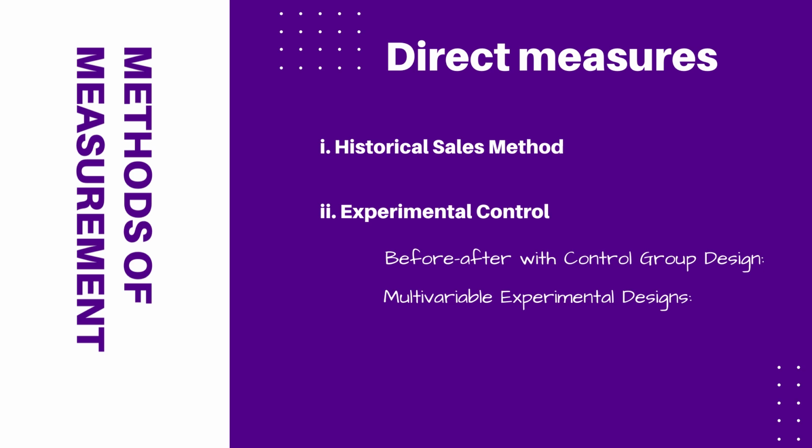So it is very important that as an advertiser, as a company, you also know your budget for the advertisement, and whether this budget would increase or lower the sales volume of your product. Now let's go to the experimental control.